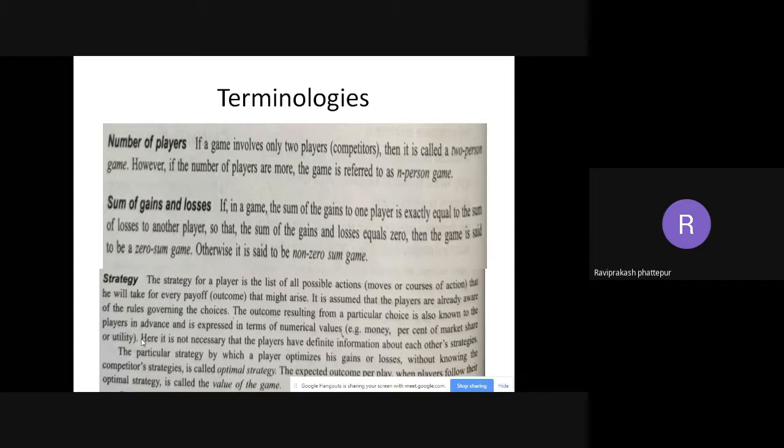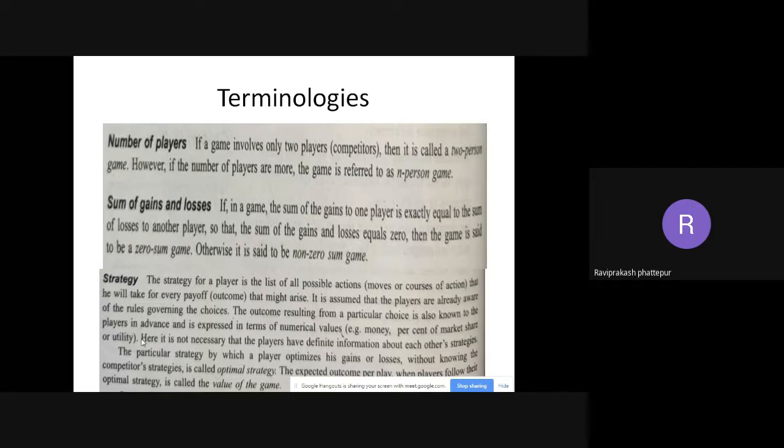So here two players, as I told you, so if one player is gaining, the other player is losing, right? The person who is gaining wants to gain as much as possible. The person who is losing wants to lose as little as possible. So if you are in that particular situation, if you are gaining, you want to gain the maximum out of it.